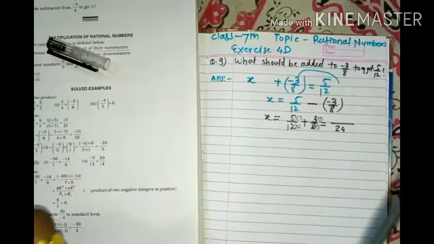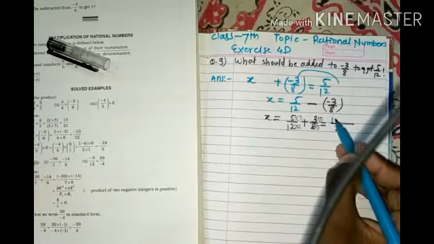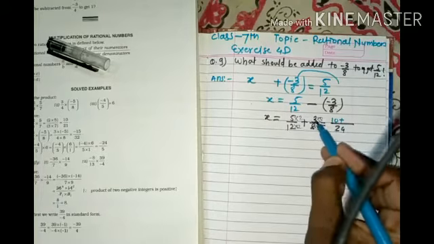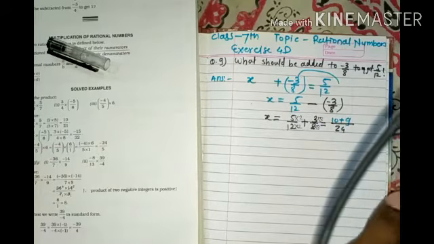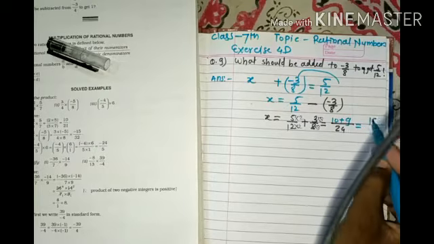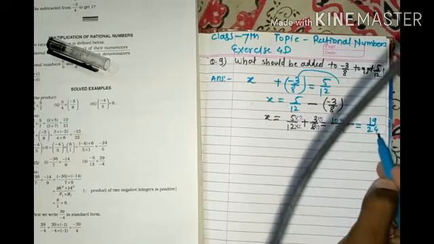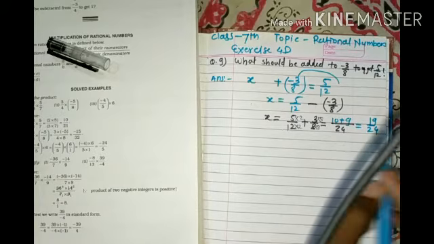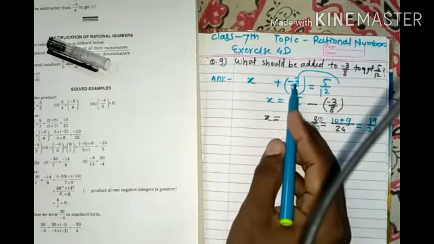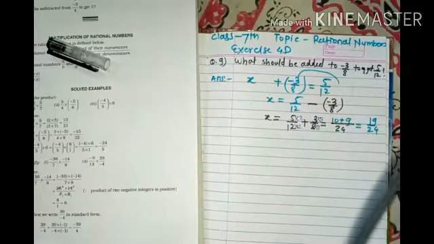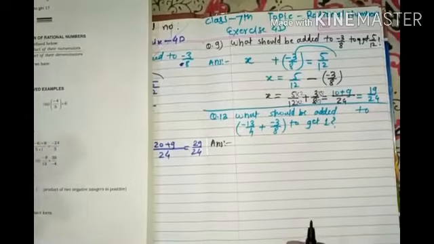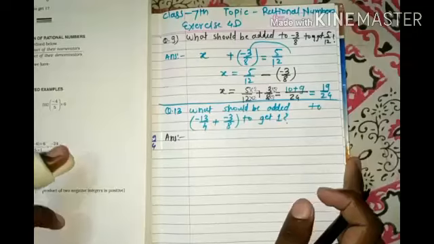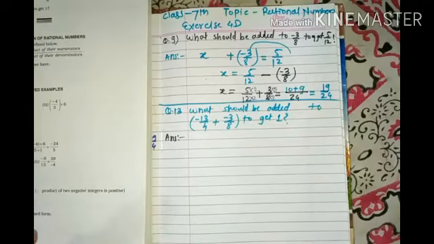Now we can write 5 twos are 10, 3 threes are 9, and 24 stays as it is. So it is 19 by 24. So we can say that 19 by 24 is the number which will be added to minus 3 by 8 to get 5 by 12.